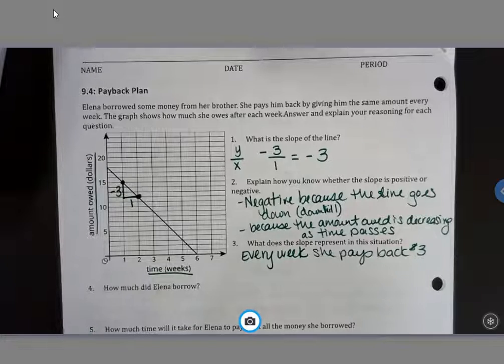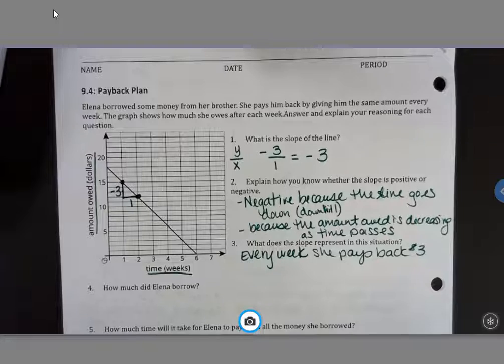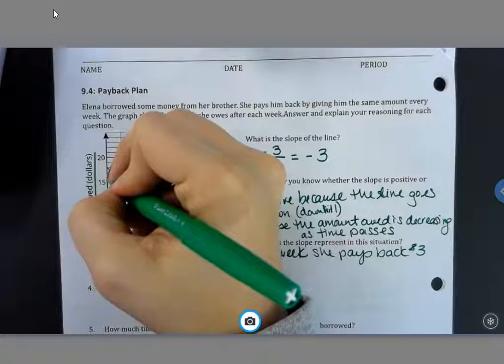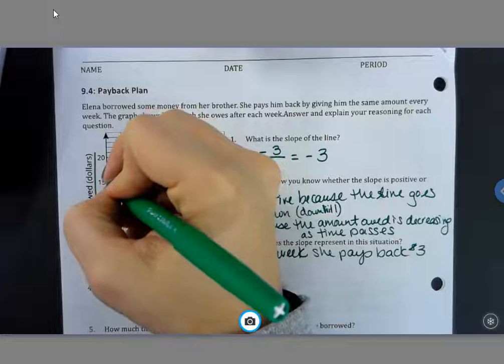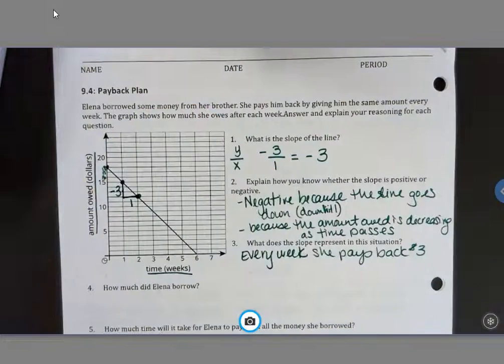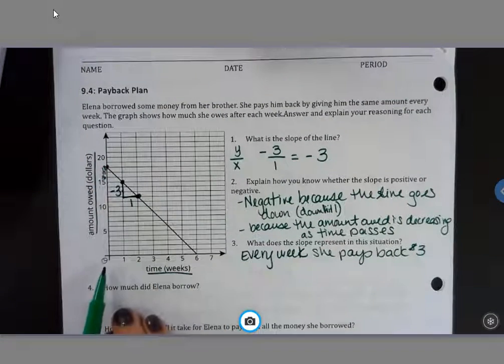How much did Alina borrow? So in the beginning, how much did she borrow from her brother? Hopefully you know where to find that. We can find that by finding our vertical intercept, because before she pays him back, she would have had to have borrowed it first. So no time has passed.